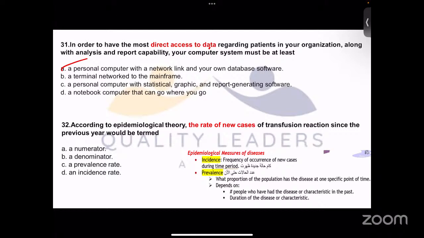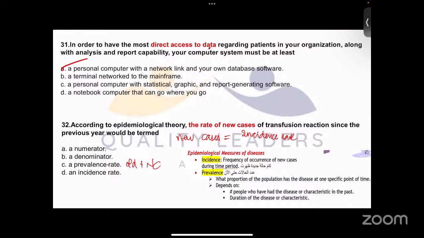So according to epidemiological theory, the rate of new infection cases in the previous year is called new cases. Okay. So new cases equals incidence rate. Meanwhile, old plus new cases is called the prevalence rate.